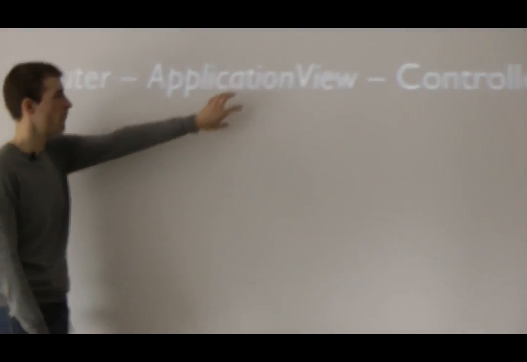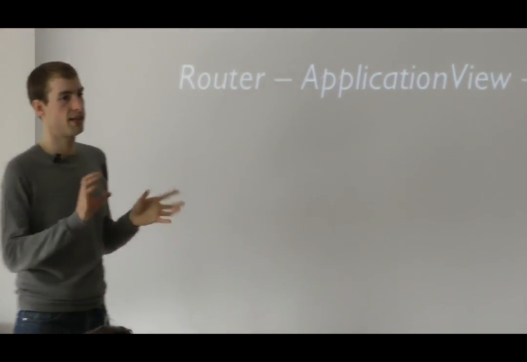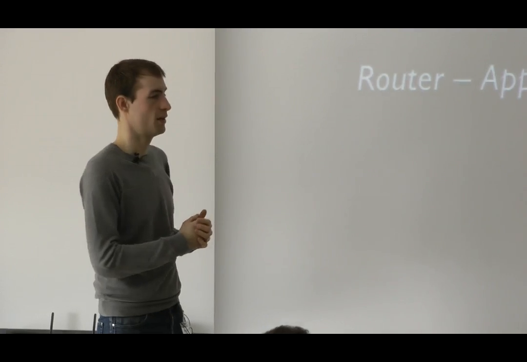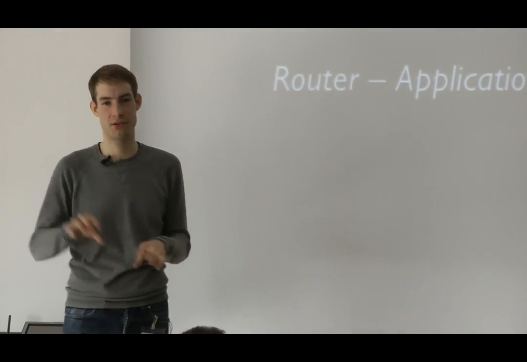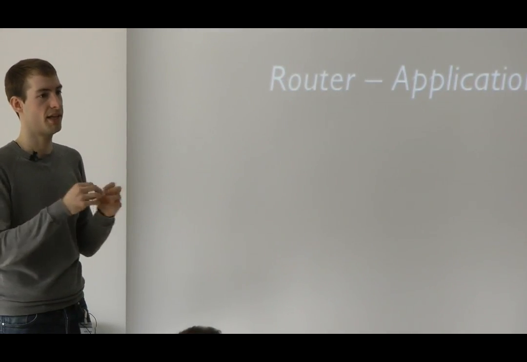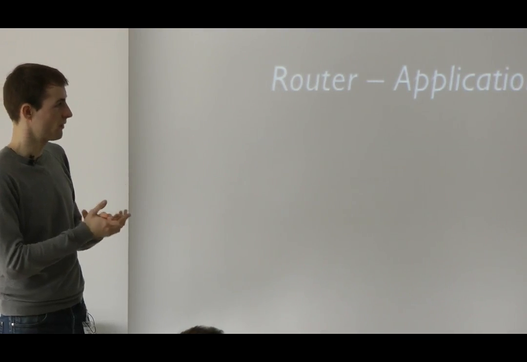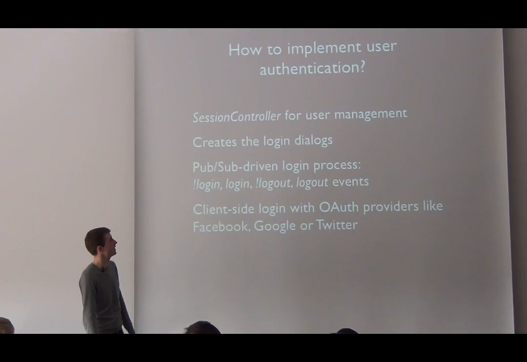I think we will rename this because it is more like a dispatcher, but it's also a top-level view which creates and removes controllers. So it really changes the DOM. It hides the old controller and shows the new controller, and might do some transition between them. So yes, we have the application view to manage the top-level state.